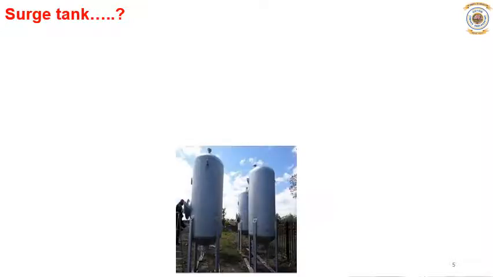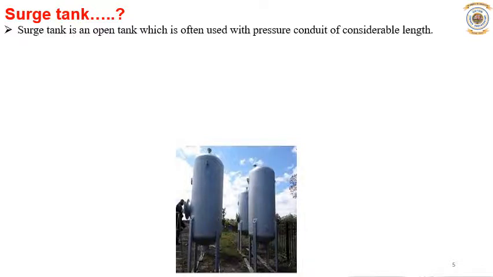Next, we will see what is a surge tank. A surge tank is a small reservoir or tank in which the water level rises or falls to reduce the pressure swings, so that they are not transmitted in full to a closed circuit.